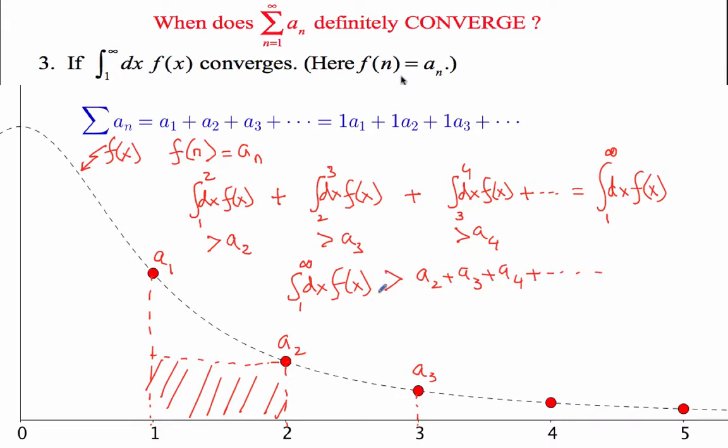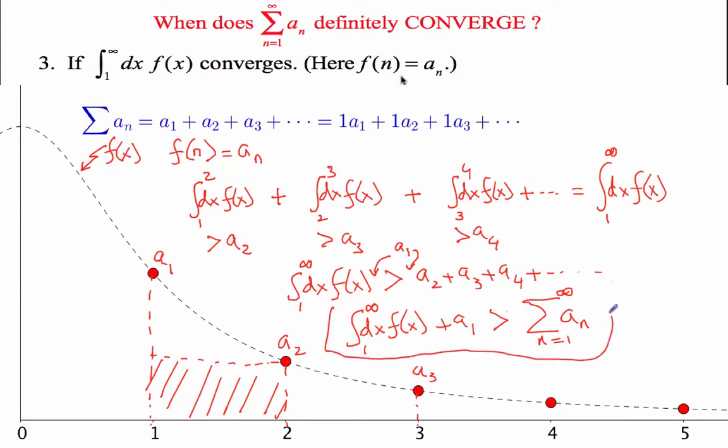And so, why don't I simply add a1 to both sides? So then what I get is that the integral from 1 up till infinity of f of x plus a1 is greater than the sum of a_n's from n equals 1 to infinity. And now this is the infinite series whose convergence we are interested in.